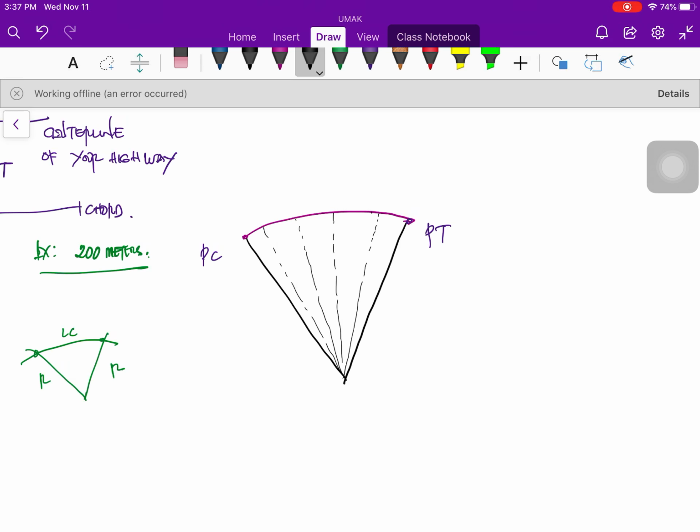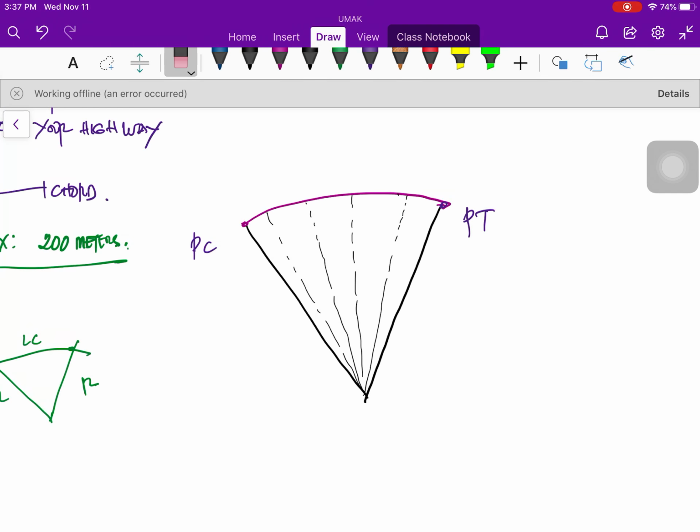They're dividing it, so you will have different alpha angles, 2, 3, 4, 5. This one is your length of the curve.